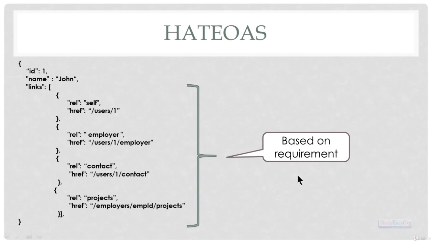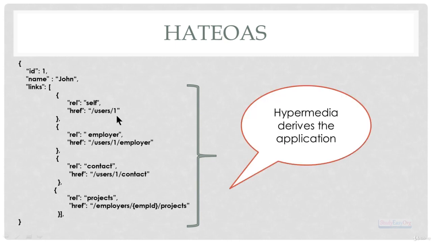Alright, now moving forward, let us try to understand the links. These links are nothing but hypermedia links, and these links will drive the client. Using these links, the client will traverse the application itself. As a result, the hypermedia links are very important. The hypermedia drives the application.